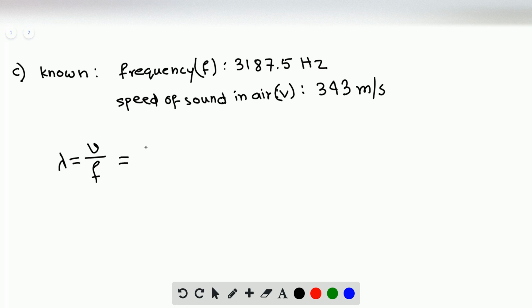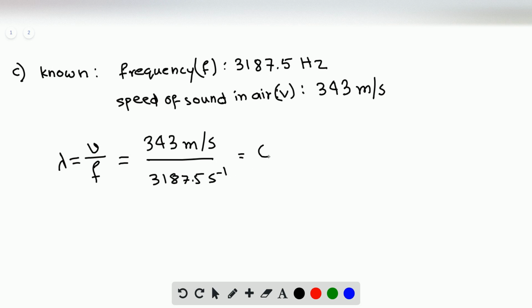Right, so now we have all the known quantities. If we plug in all the numbers and solve, hertz is basically 1 over second, or second inverse, so we get rid of these units and all we are left with is meters.